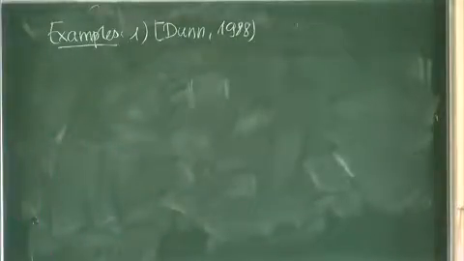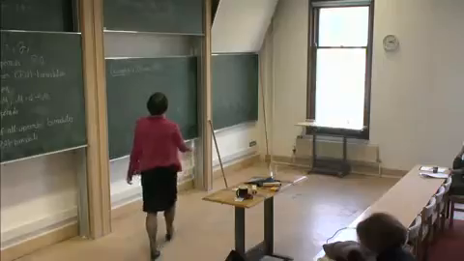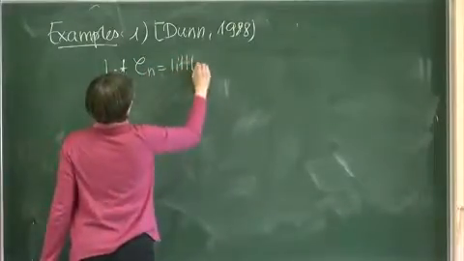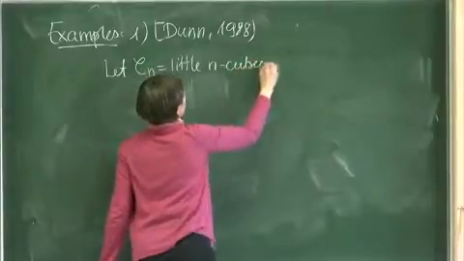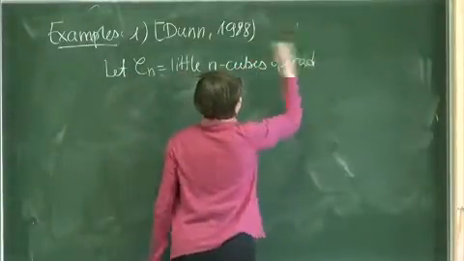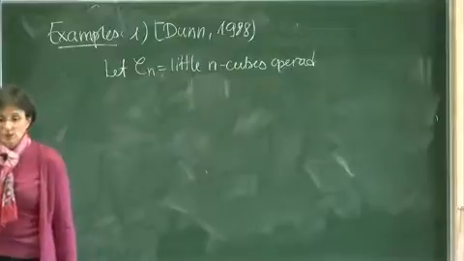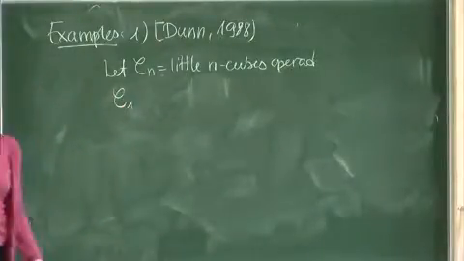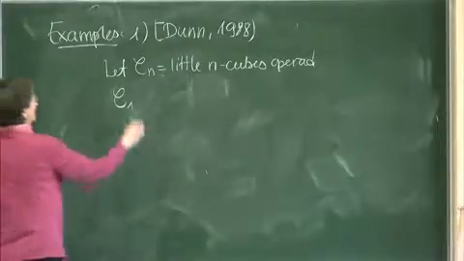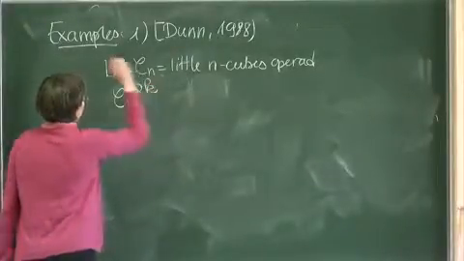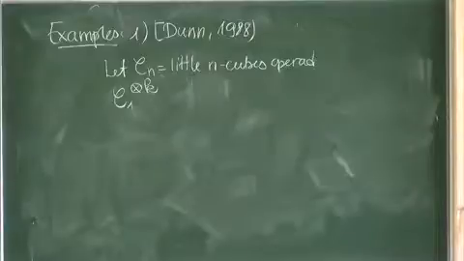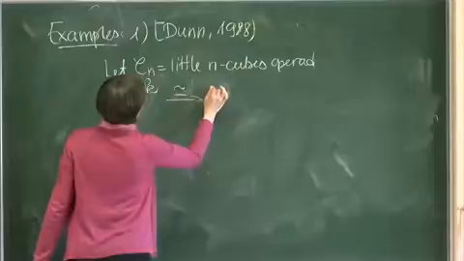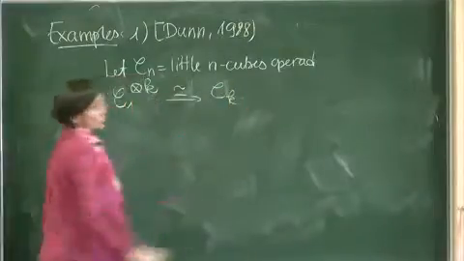Let Cn be the little n cubes operad. Dunn showed that if you take the little 1 cubes operad, the little intervals operad, and you iterate the Boardman-Vogt tensor product k times, then what you end up with is in fact weakly equivalent to the little k cubes operad.